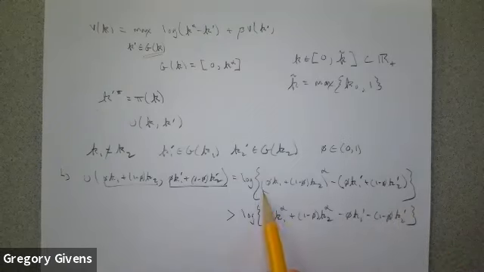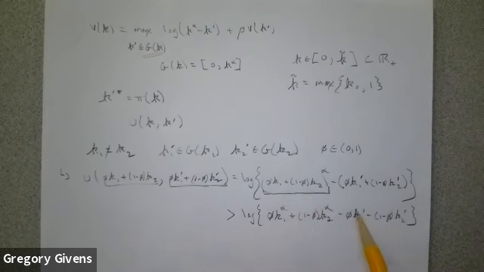In other words, what I'm saying here is that this term, this phi k1 plus 1 minus phi k2, the whole quantity to the alpha, is going to be bigger than this term, phi k1 to the alpha plus 1 minus phi k2 to the alpha.